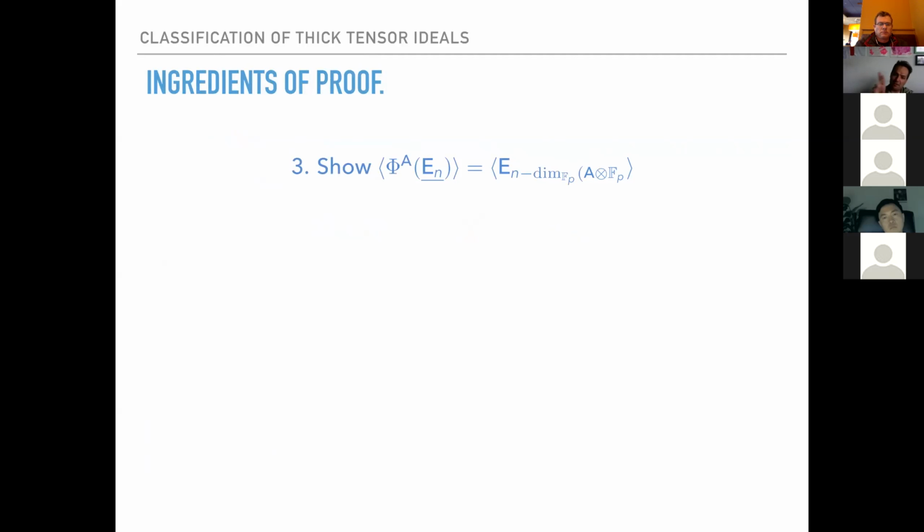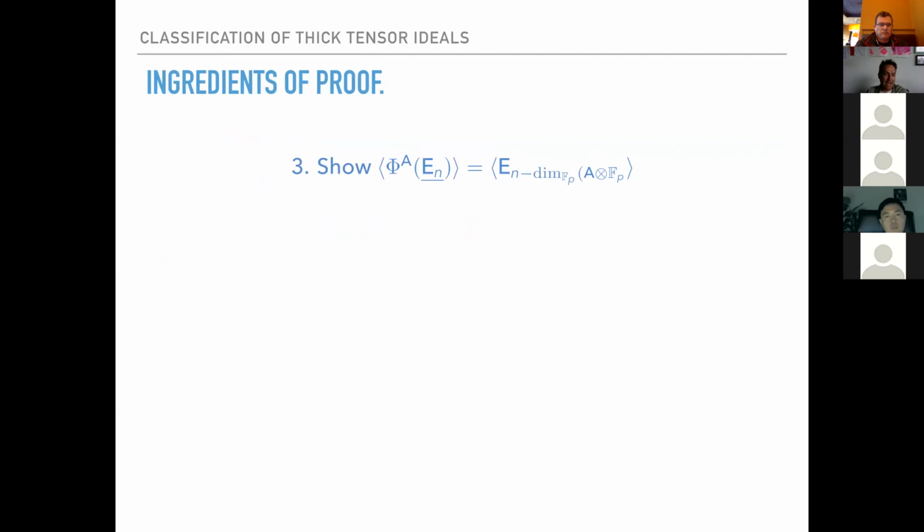So the chromatic type of E_n drops by this p-rank of A. For abelian subgroups, this is just the same as the number of generators for the p-torsion subgroup, which showed up before.